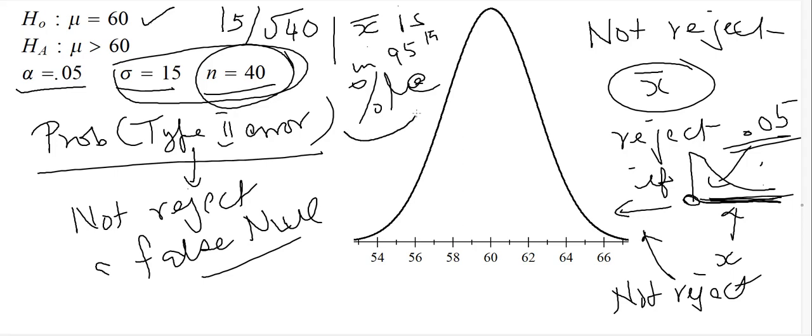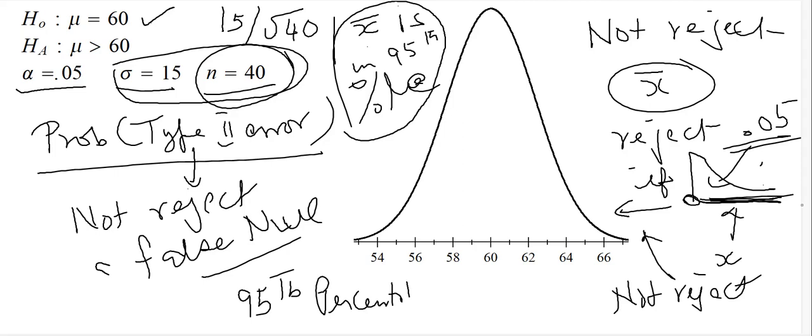So if that happens, then we do not reject the null. So let's go ahead and calculate the 95th percentile of this normal distribution, whose mean is 60 and standard deviation is 15 over square root of 40.